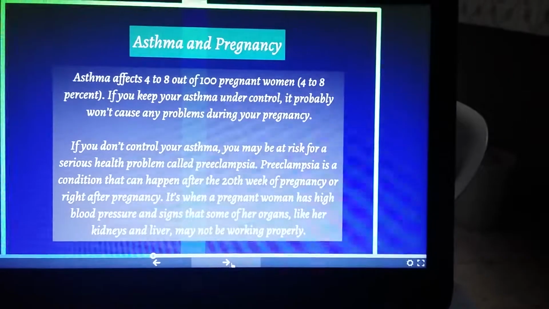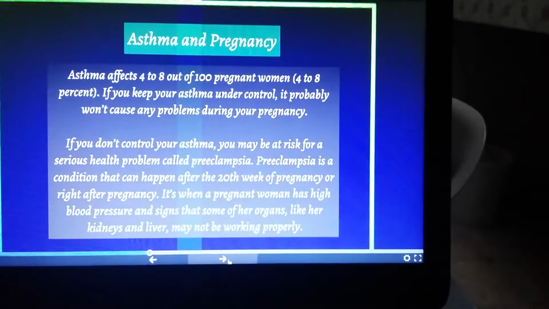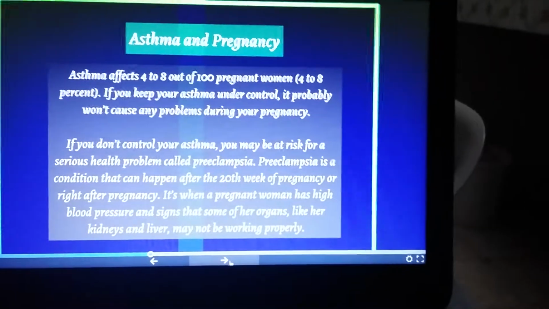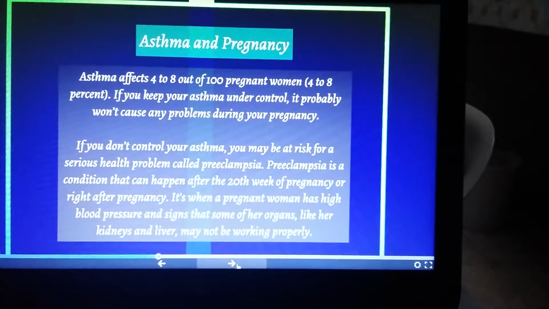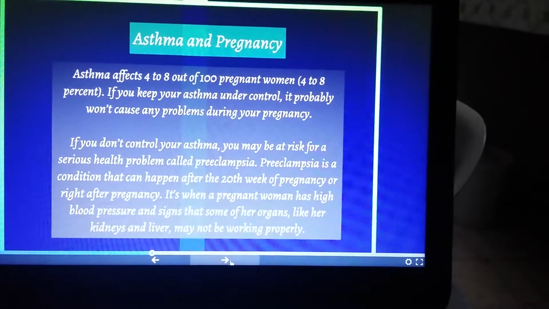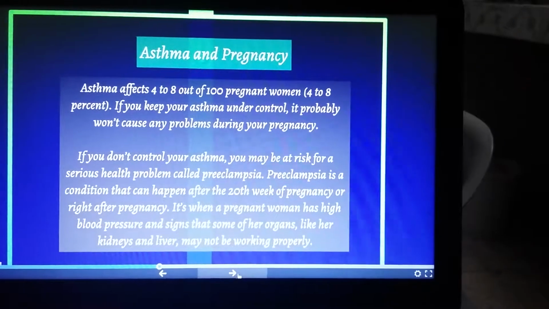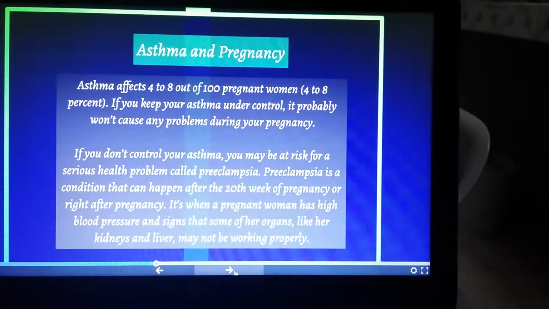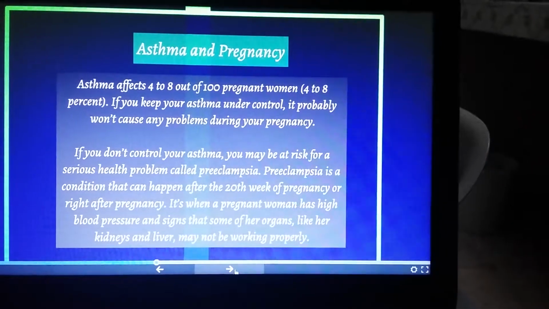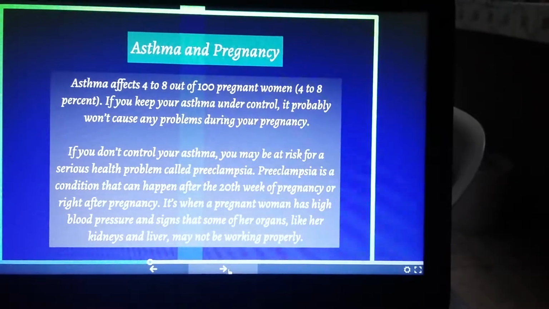If you don't control your asthma, you may be at risk for a serious health problem called preeclampsia. Preeclampsia is a condition that happens after the 20th week of pregnancy, or right after pregnancy. It is when a pregnant woman has high blood pressure and some of her organs, like her kidneys and liver, may not be working properly.